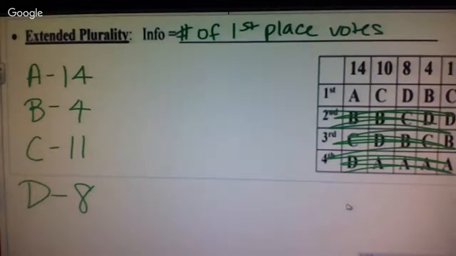A. So they come in first. Who has the next highest? C. They come in second. And then D. And finally, B. That's all they mean by extended. So you're doing the method that you already know how to do, and then just ranking.